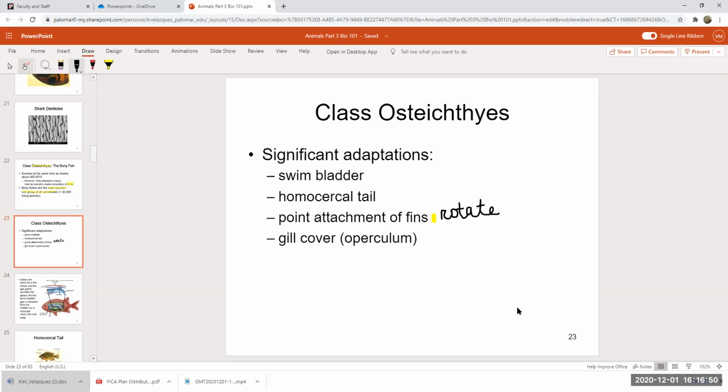They also have a gill covering that they can move to bring water across their gills. So they can actually be more active because they can meet the higher oxygen demand of being active because of that gill covering.